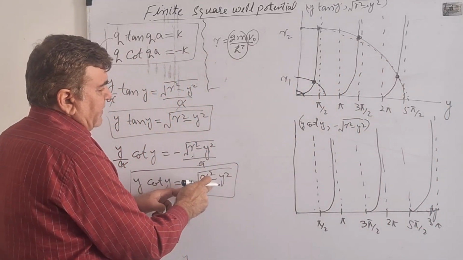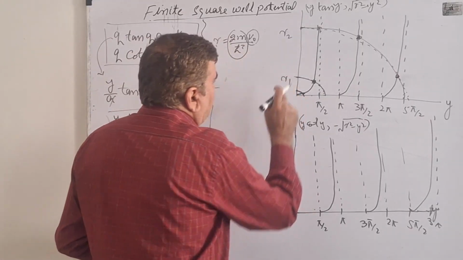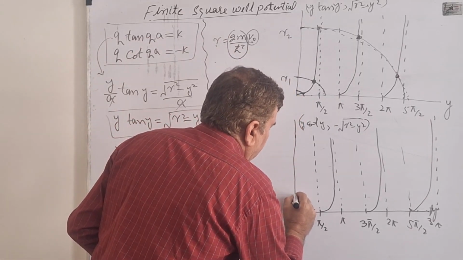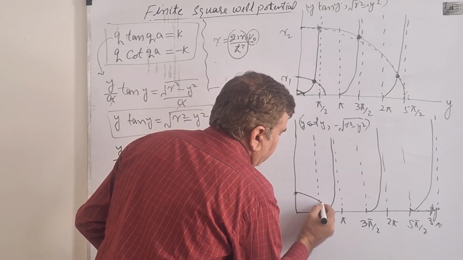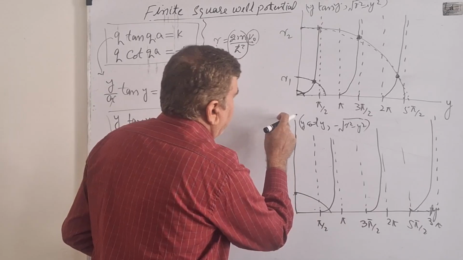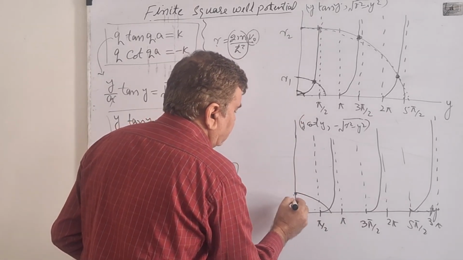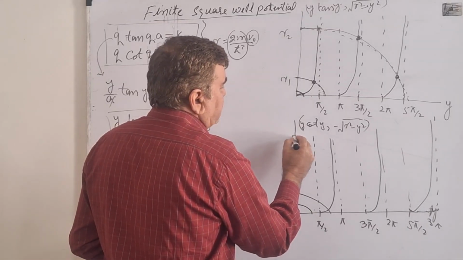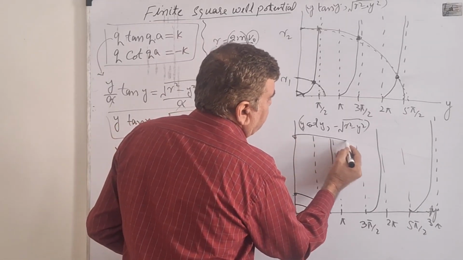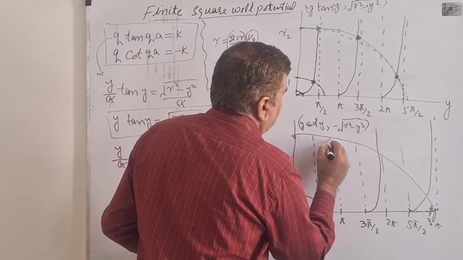And again, if I plot this for r1, I have something like this. However, if the value of r1 is lesser than this value, I may have a plot like this. And then if I increase the value, I would have a plot like this, and so on.